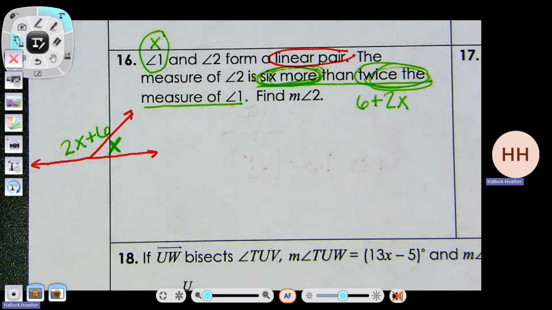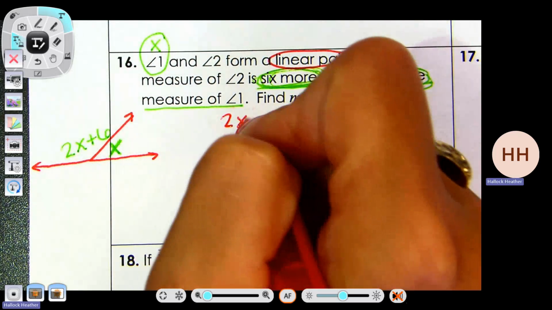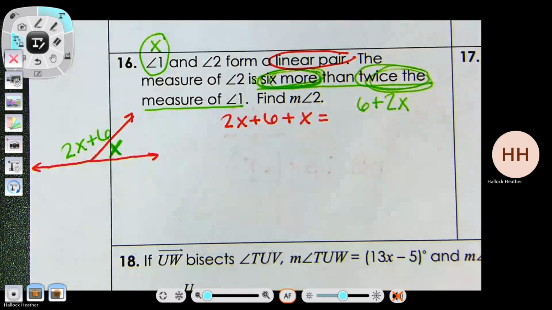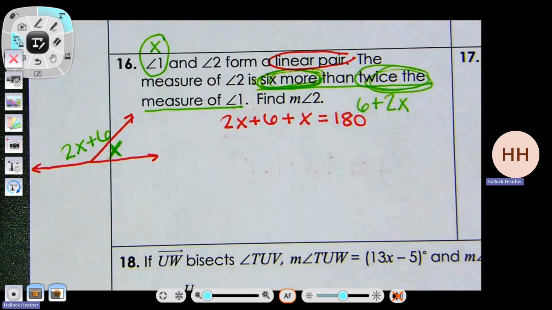What am I adding to make in total? If it's a linear pair, what's a linear pair add to make? Is it 90 or 180? 180. So they're going to equal 180. So then I can combine like terms, and then it's going to be a 2-step equation every single time.